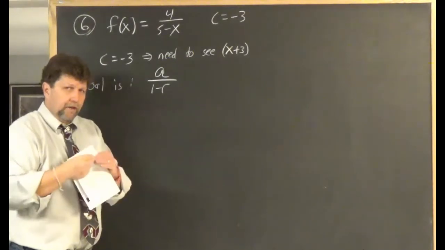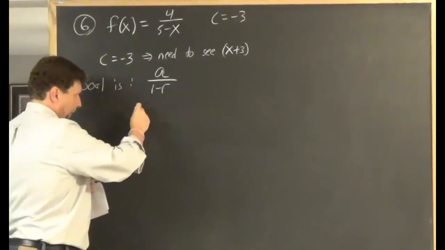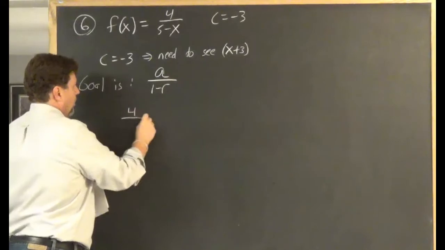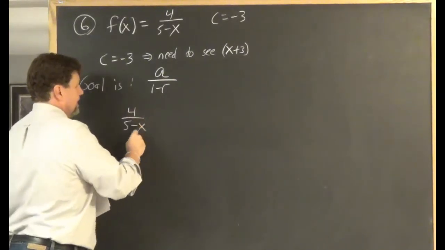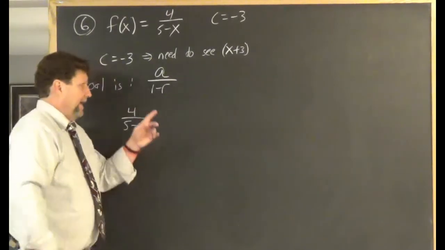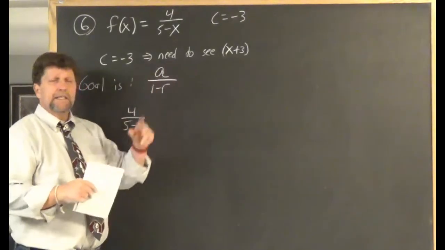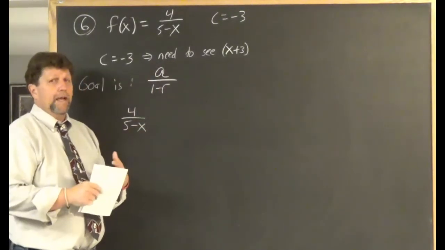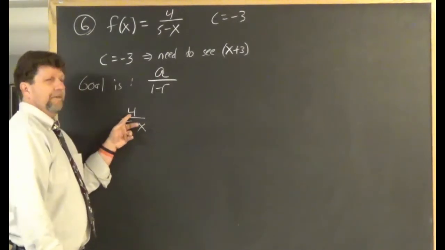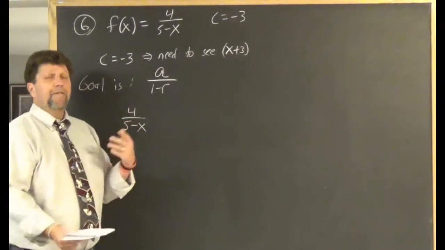So let's begin. Look at my function, 4 over 5 minus x. I need to get it to this goal, but at the same time, I need to see an x plus 3. So I can't just start off and say, let's divide everything by 5 and I'm done.